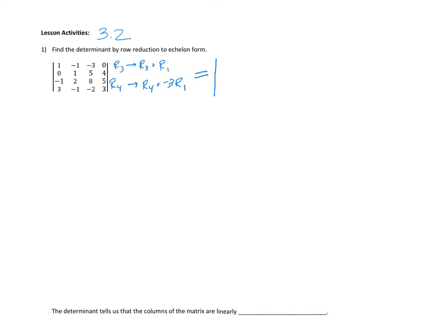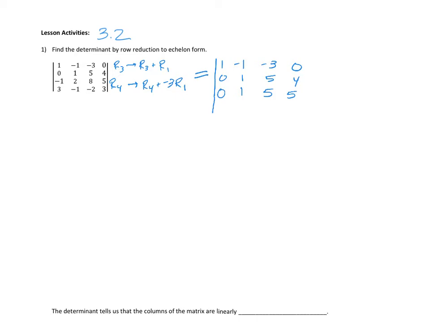Rows 1 and 2 don't change, so I have 1, -1, -3, 0, 0, 1, 5, 4. Row 3 becomes row 3 plus row 1, so I get 0, 1, 5, 5.